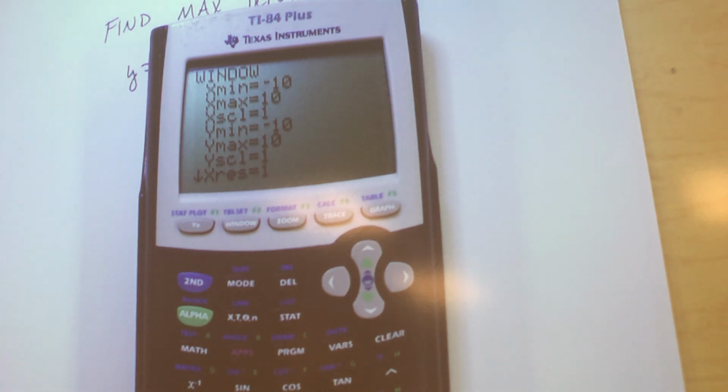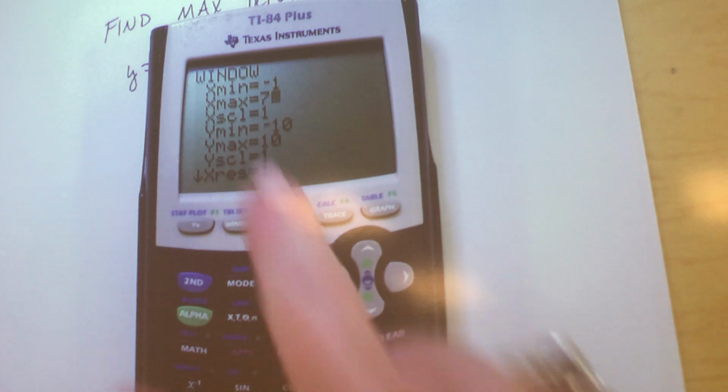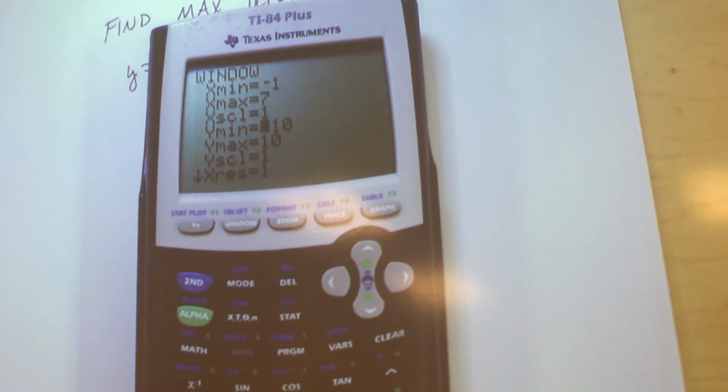What do you think, when's the problem going to be over? We're thinking about, it's a baseball. Yeah, when it hits the ground, okay, we could say maybe it's over then, all right? So if it took 3 seconds to get to the highest point, how many seconds should I go to? 6? Maybe a little more? So, and I'm going to go from -1 to 7 because I want to see that axis in there. So I am going to go by ones. Okay? Now my y is my height.